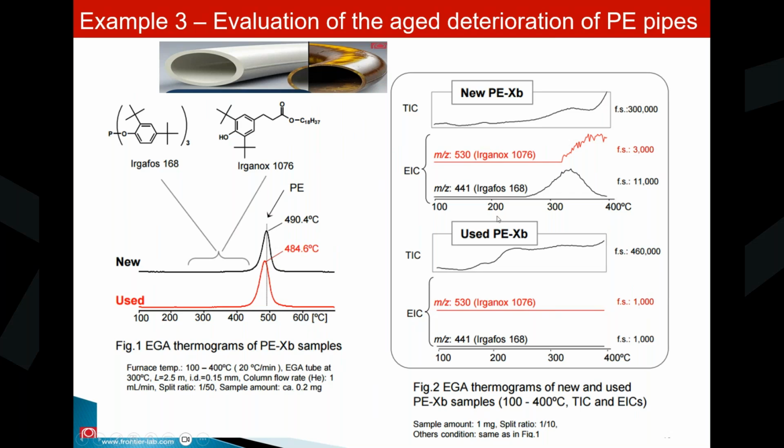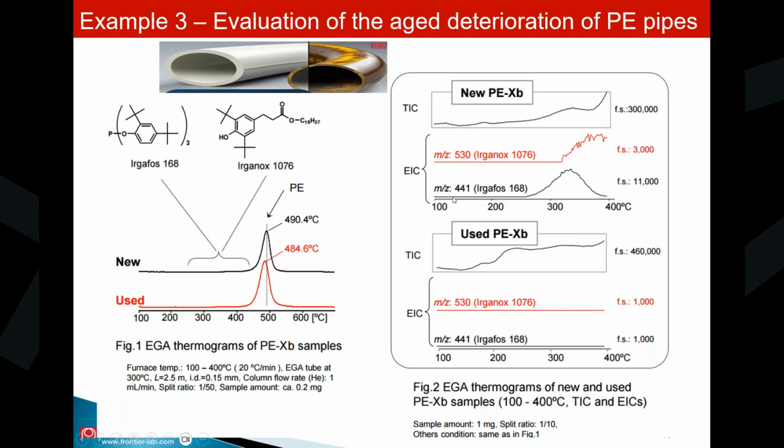Particularly, we were looking for the antioxidants that are generally added to keep the thermal stability of the material. So when we have the Irgafos and Irganox in the new material, the thermal stability shows like 490, whereas as it is being used, there is a reduction, which can indicate the loss of these antioxidants from the base material.